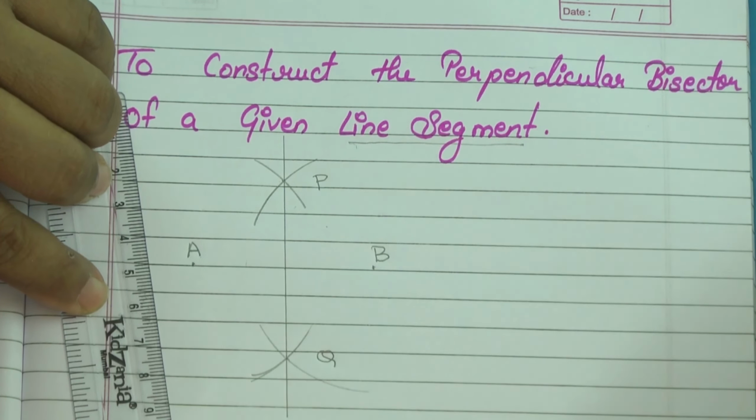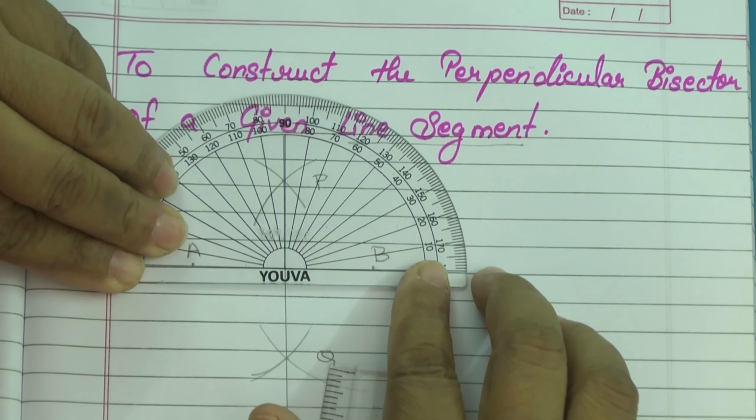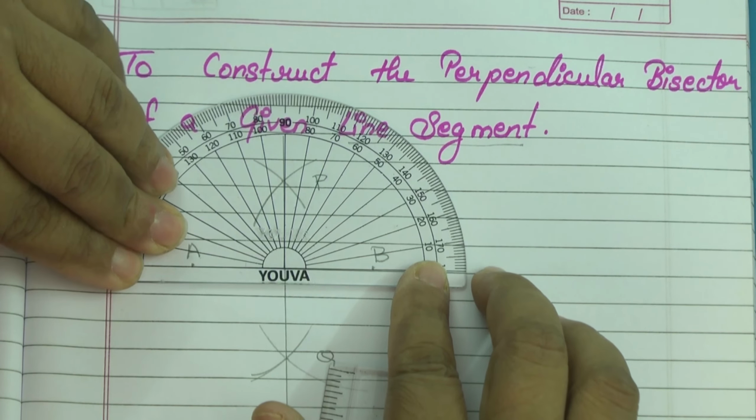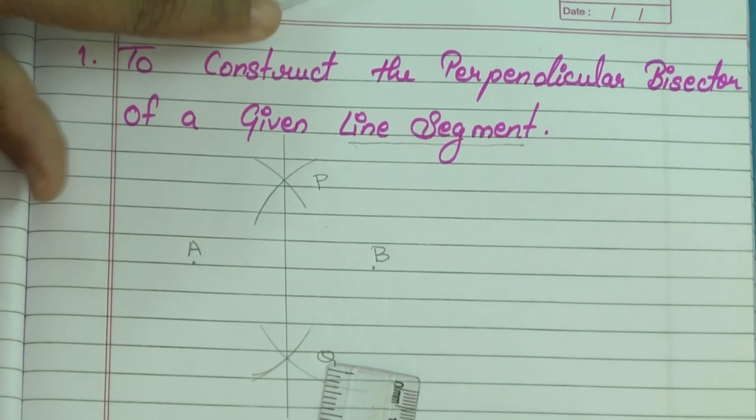Let us measure whether it is perpendicular or not. It is exactly making the angle 90 degree. So it is a perpendicular.